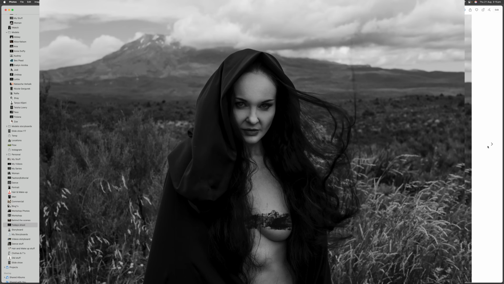Maybe if my shutter speed was faster, this was 1/320 of a second, so that little bit of blurry hair in the air would have been the only thing that would have been changed if I was at a thousandth of a second or something. ISO, the only thing that would change is if it brought more noise in. So pretty much looking at a picture you should be able to tell the most important things.